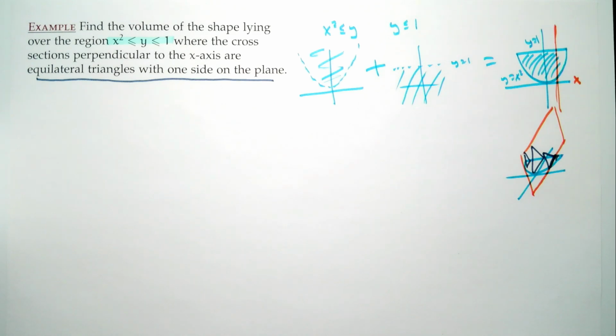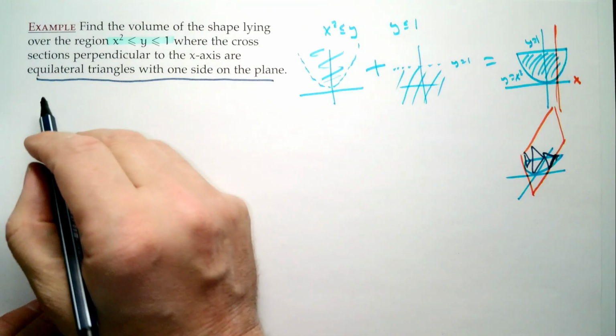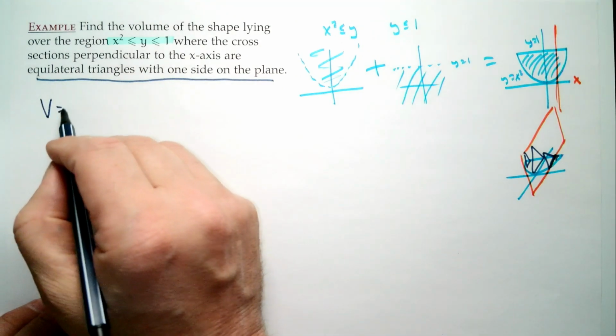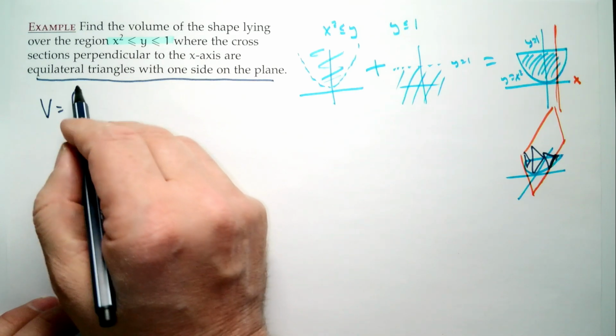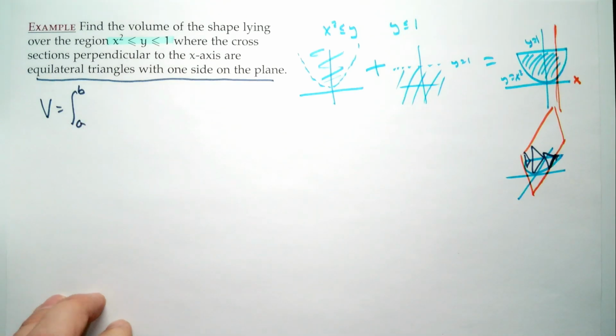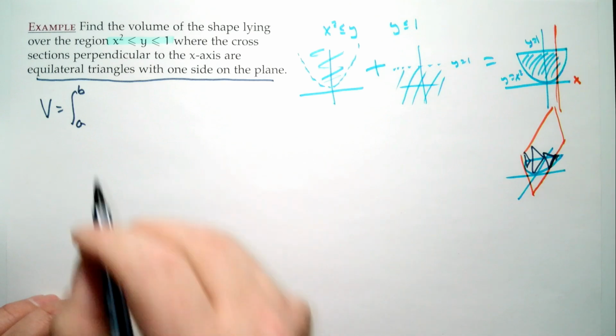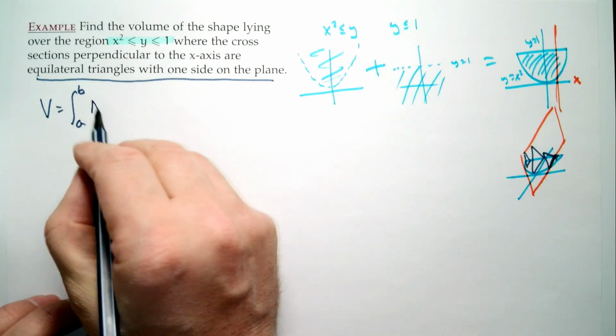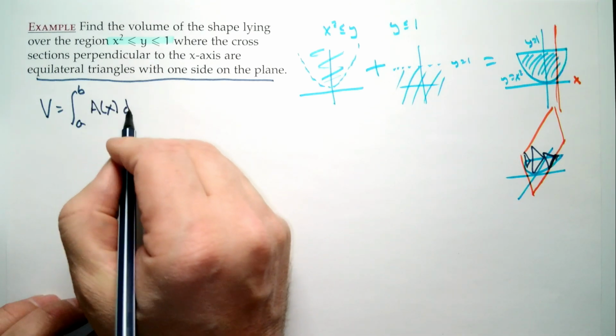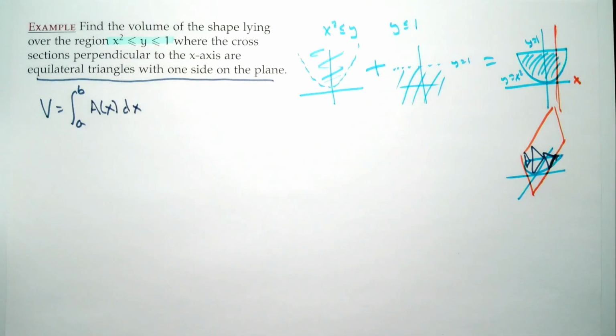Okay, so what do we need? Well, we go back to our basic formula, which is good because we've only learned one formula, so it's easy to figure out which one to use. Once we've learned two formulas, it'll be twice as hard. All right, so volume is the integral from a to b of A of x dx. So what do I need to figure out?